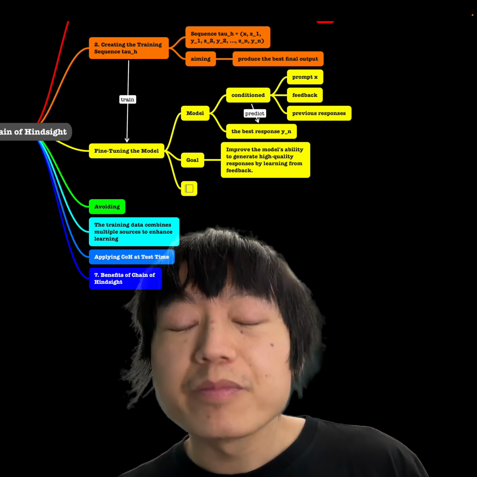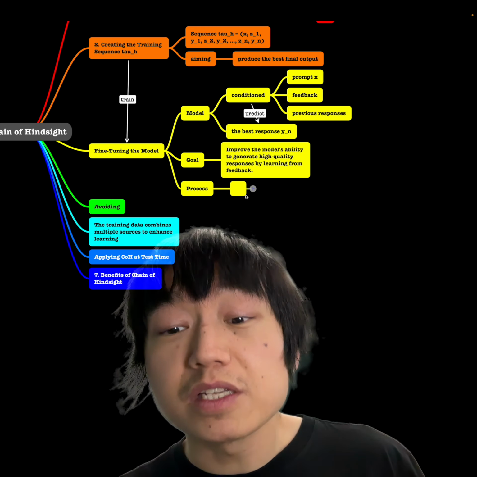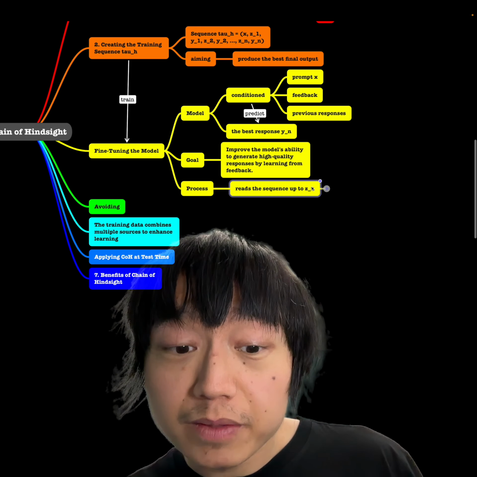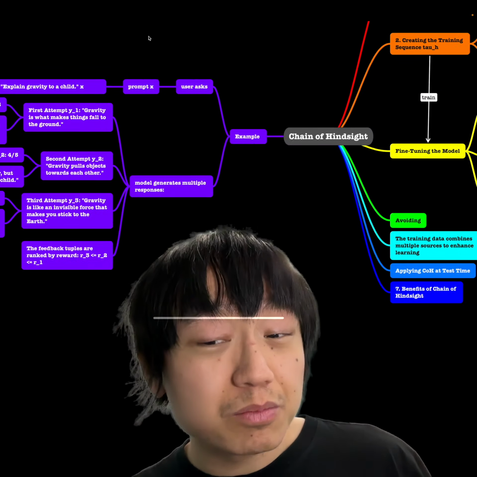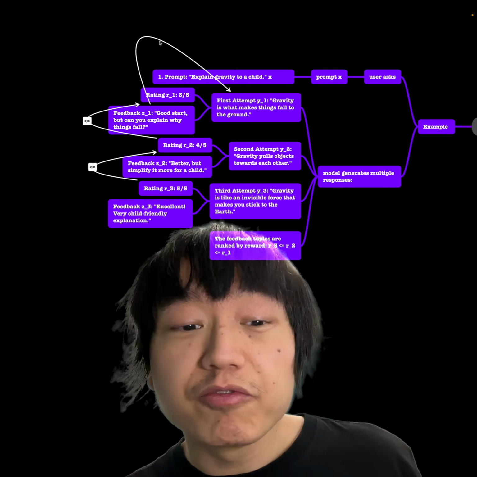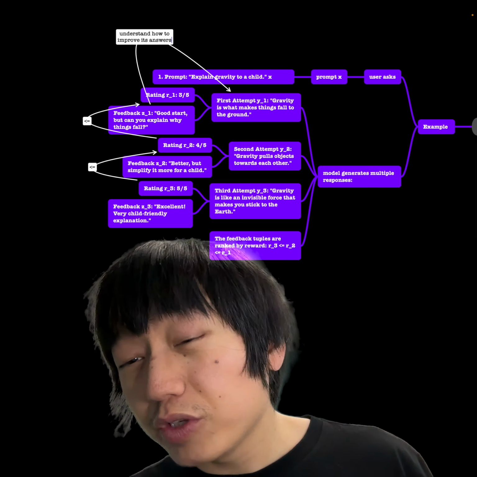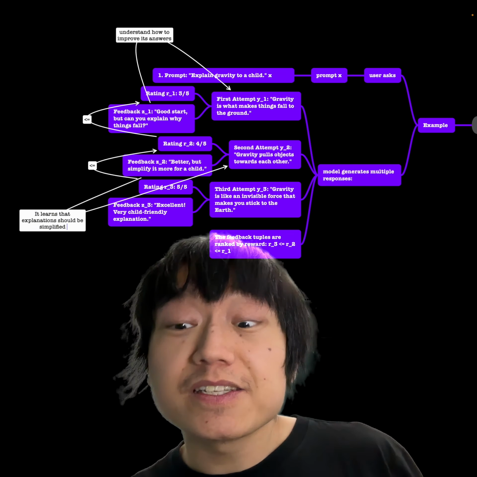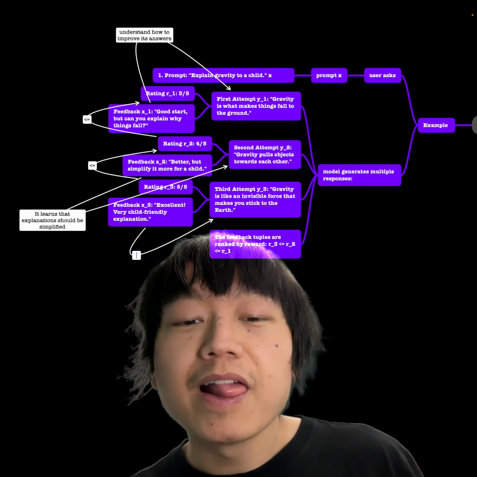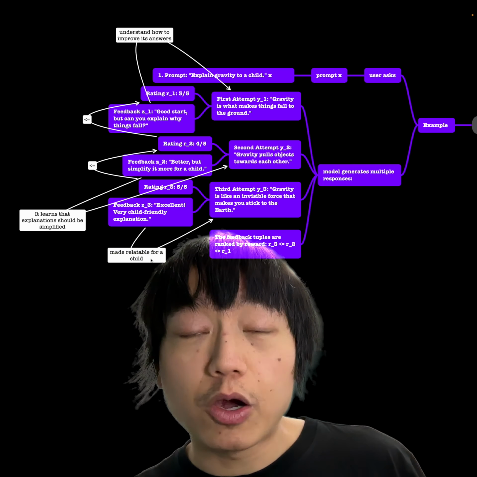The process is this: the model reads the sequence up to z sub n and then generates y sub n. So in our example, this model uses the prompt and feedback to understand how to improve its answers. It learns that the explanation should be simplified and made relatable for a child.